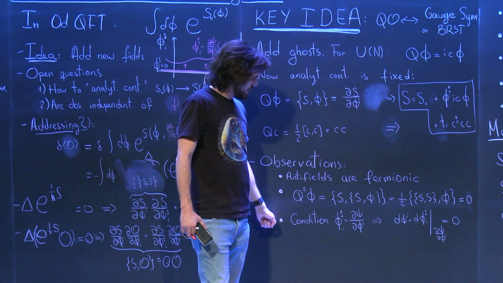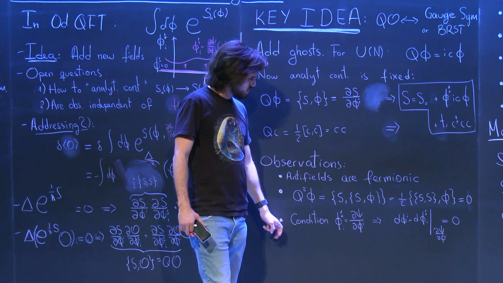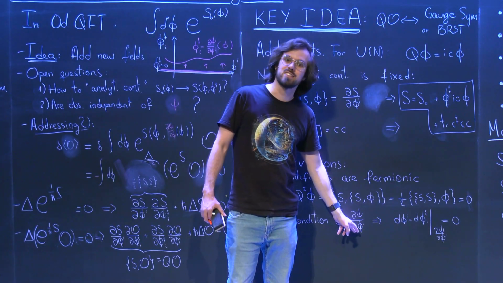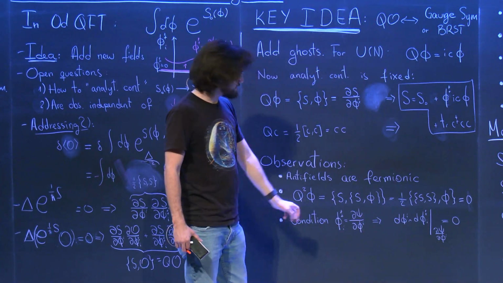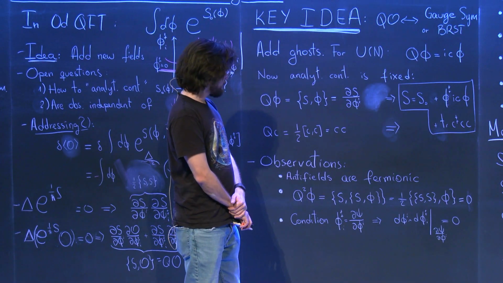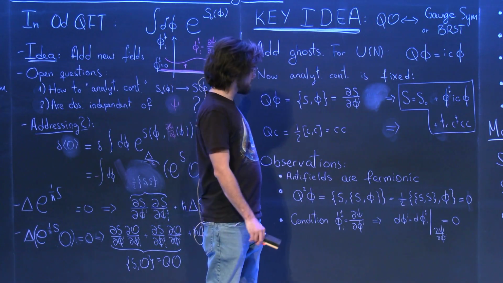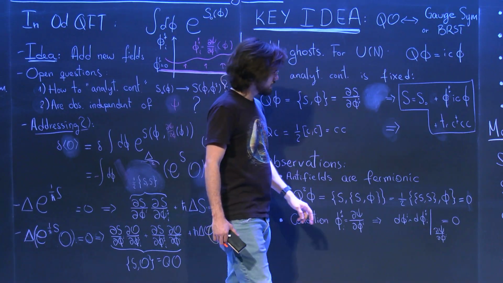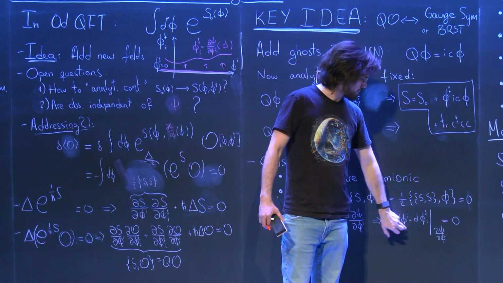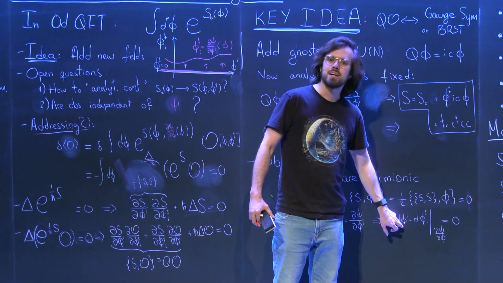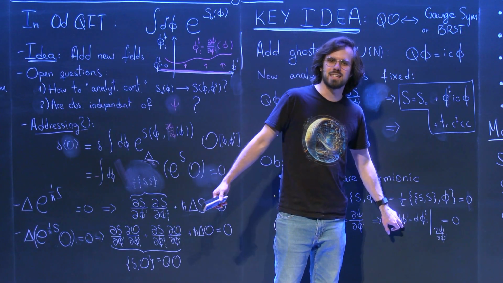Finally, I also mentioned that the condition that we started from, that phi dagger is evaluated in some sort of gradient of this form, has a very nice geometrical interpretation. You see, the fact that we have a Poisson bracket, or a BV bracket, suggests there should also be some symplectic form. So indeed, we could construct a symplectic form out of the data of the fields and the antifields.